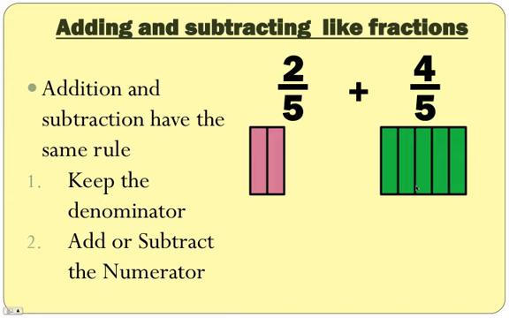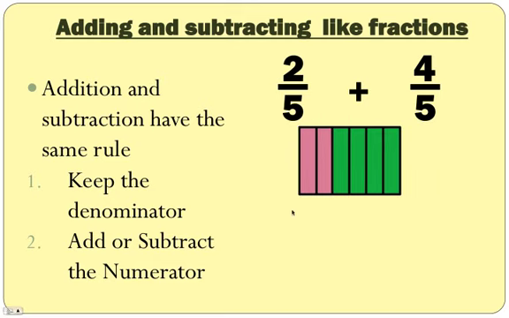How many of these 5 pieces do I need? Well, the answer is 4 pieces, because it's 4 out of 5, 4/5. So now I want to put these two together, 2/5 plus 4/5. And because the pieces are the same size, I can put them together. And now I have 1, 2, 3, 4, 5, 6. So I have 6/5.